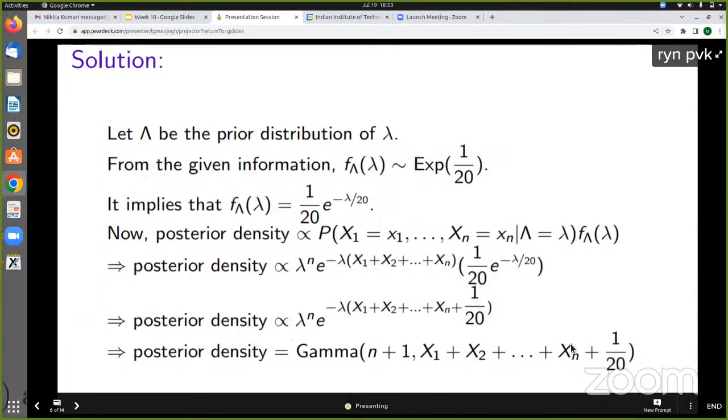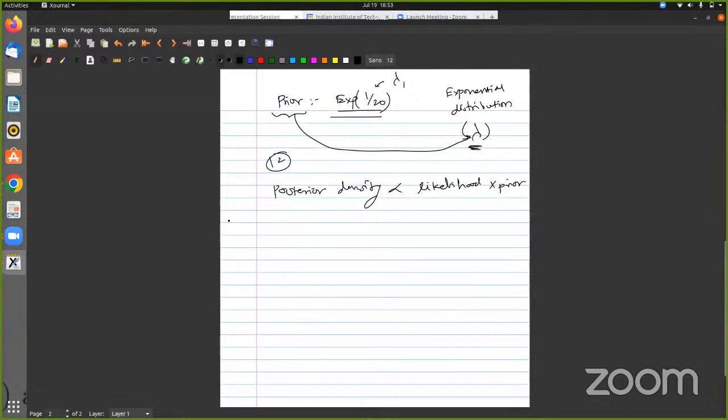This is called likelihood: the probability that X1 equals x1, and so on, given lambda, and this lambda is unknown to us.